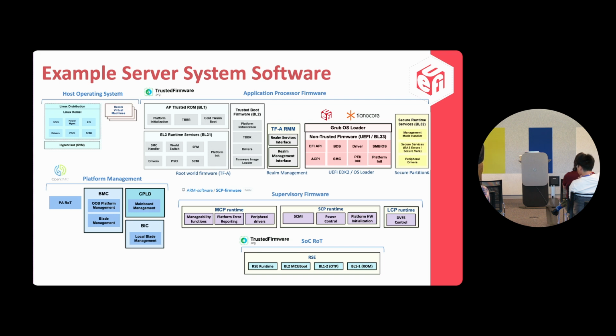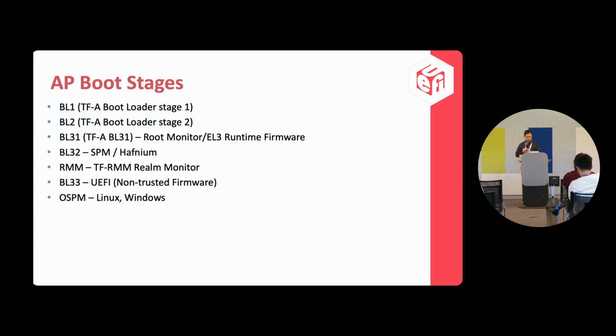We have a lot of the controller and supervisory firmware for microcontrollers attached to the SoCs. And this applies to servers. It applies to other devices as well, PCs also. Not going to talk too much. I think my time is already kind of over.